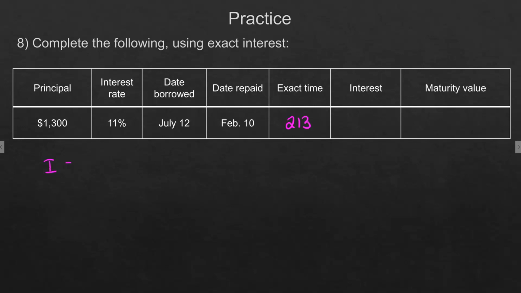Our interest is going to be calculated as 1,300 times 0.11 times 213 over 365. That's the only thing that's changing. So a little bit different on interest is all we're going to have here.